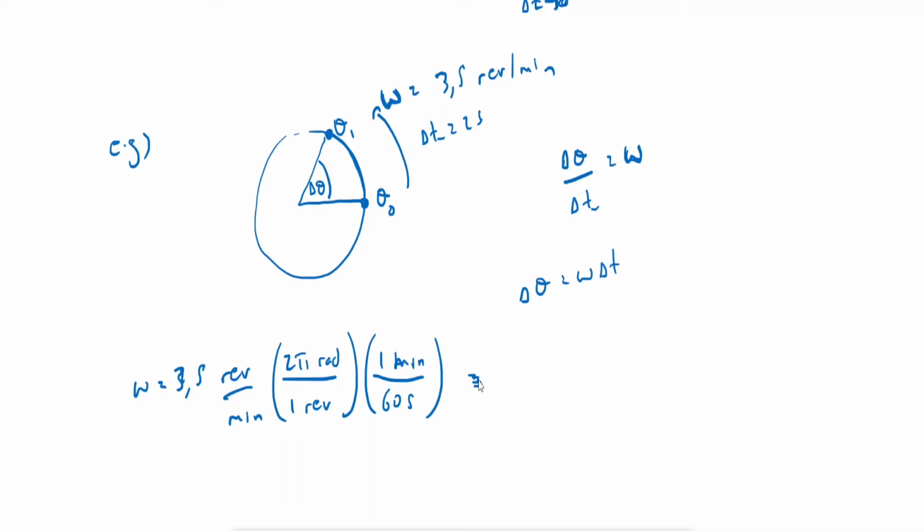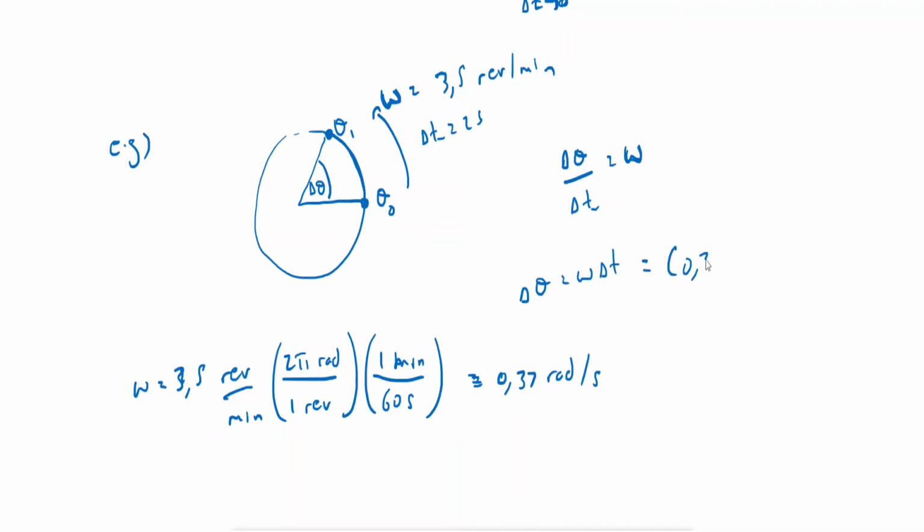It's going to be 3.5 multiplied by 2 multiplied by pi multiplied by 1 over 60, and that becomes 0.37 radians per second.